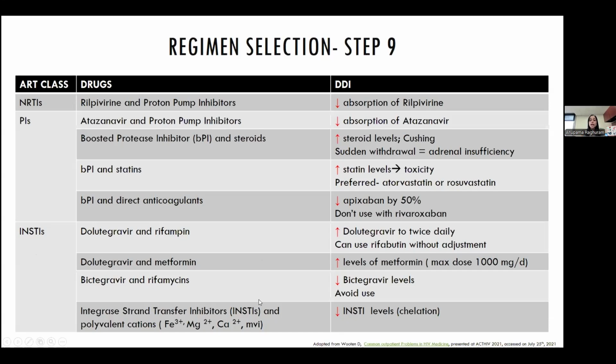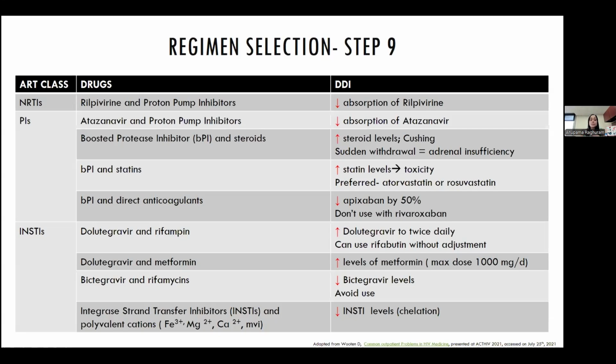The other thing I want to highlight is integrase inhibitors as a class. Remember when I talked about the mechanism of action, I said that integrase inhibitors are going to connect to certain ions, metals, so calcium, magnesium, iron, on the integrase enzyme, and that's how they stop the integrase enzyme from working.